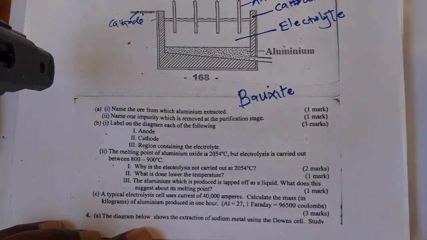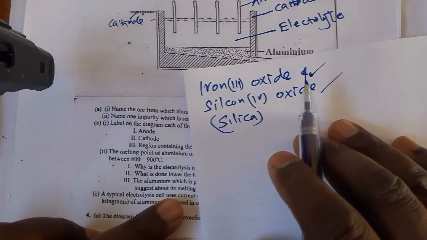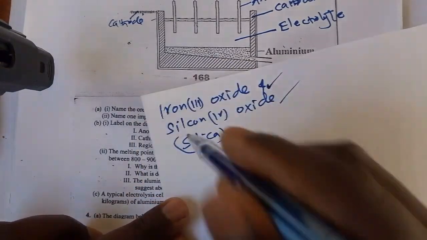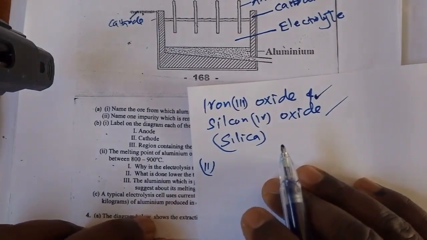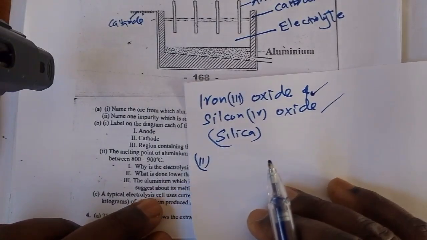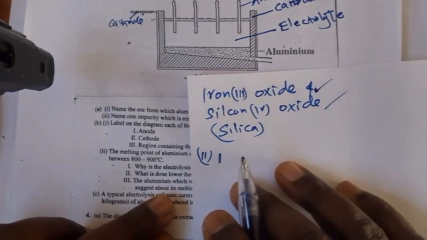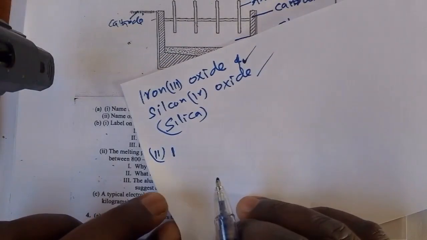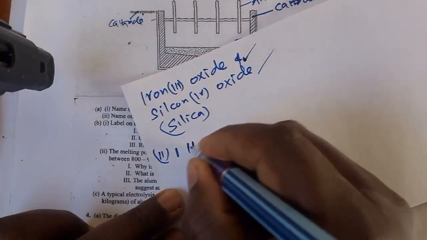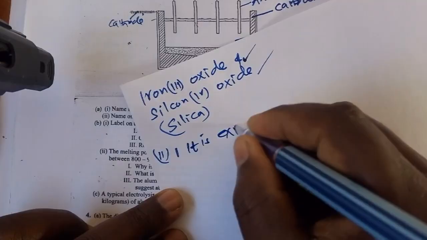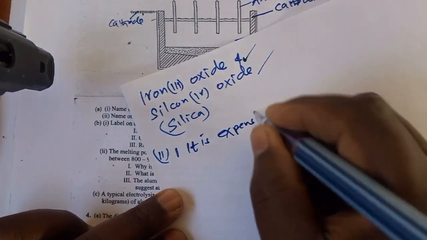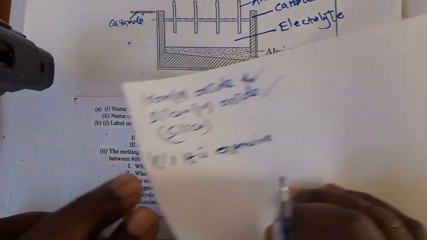This one is Roman 2, Roman 1. Why is electrolysis not carried out at this temperature?